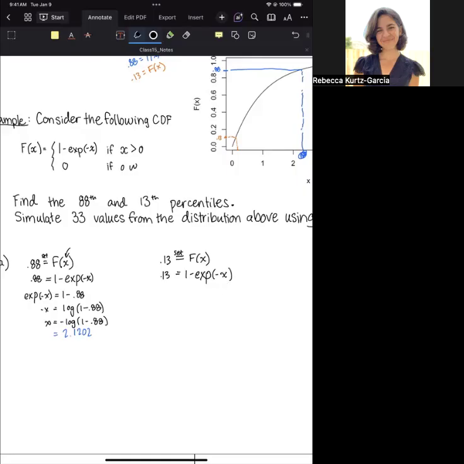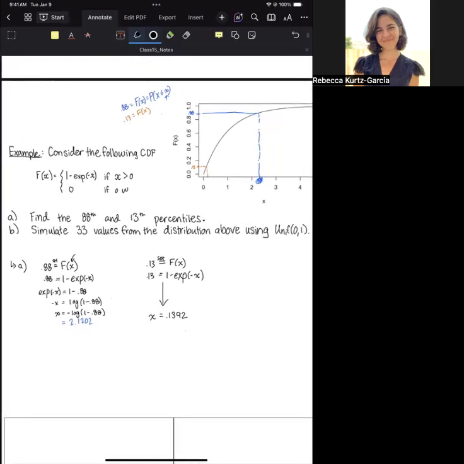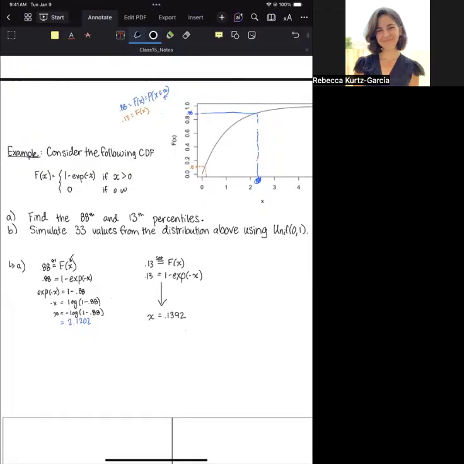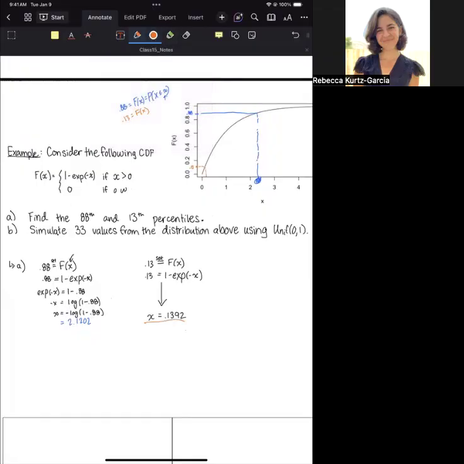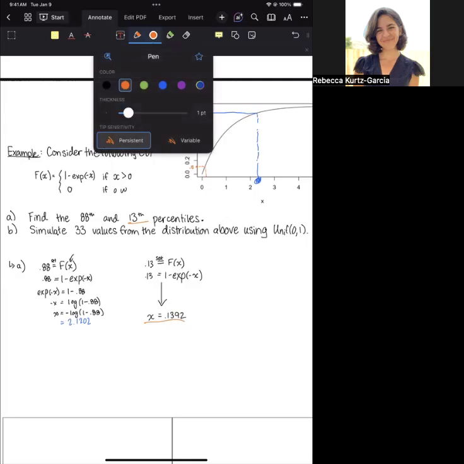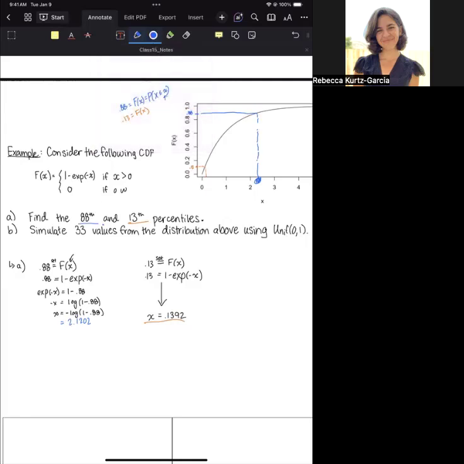I also did this in the calculator, and it was equal to 0.1392, which was kind of cool, almost 13 and 13. That was our orange point.